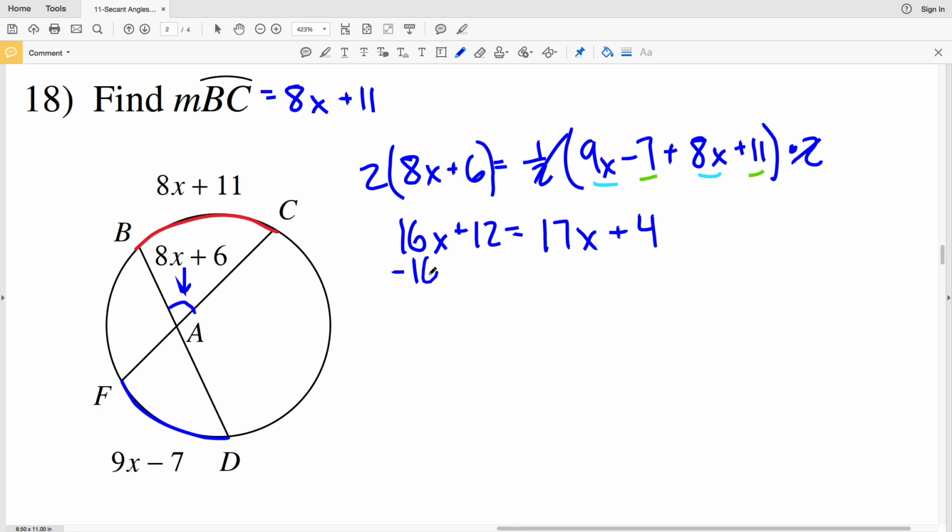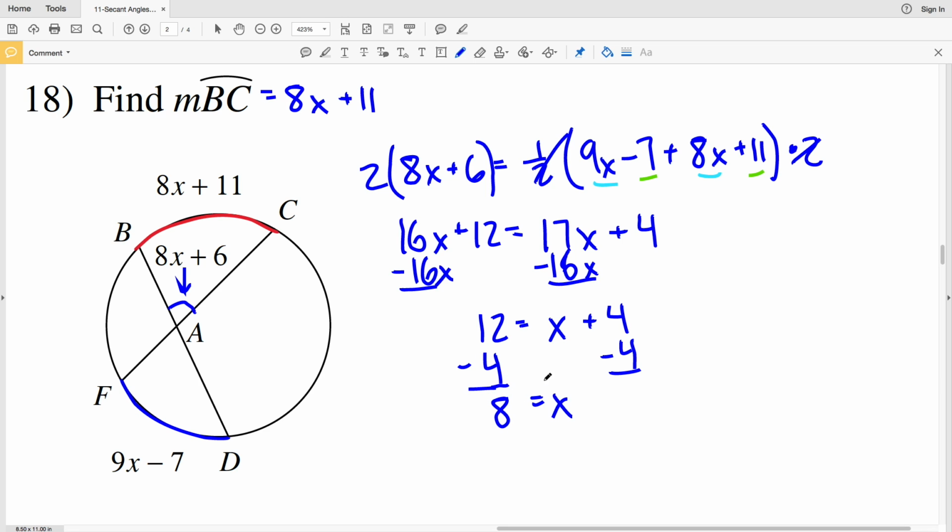So now I'll subtract 16x from both sides to get that 12 is equal to 17x minus 16x, which is 1x, or x, plus 4. Then I'll subtract 4 from both sides to get that x is equal to 12 minus 4, which is 8.